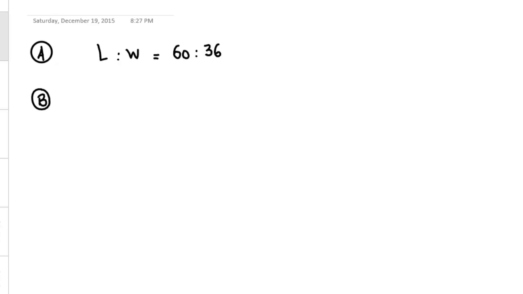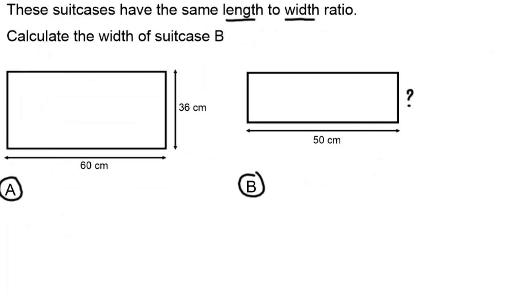For B, I have a length 50 and unknown width. So the length to width equal 50 to unknown width. I'm going to replace it with the letter W, for example. And because the ratios are equal, the proportion is going to be 60 over 36 equal to 50 over the unknown width.